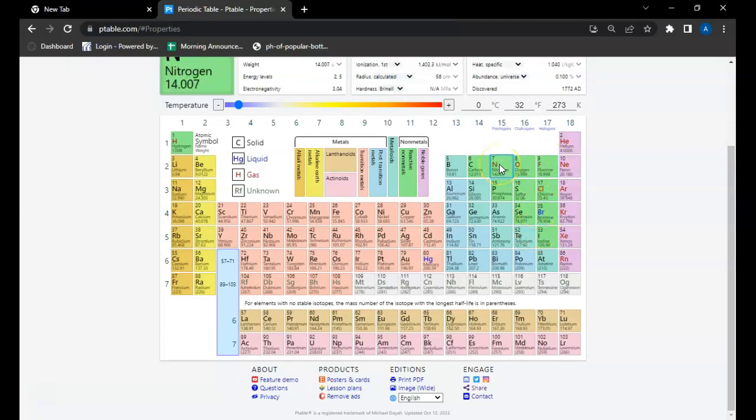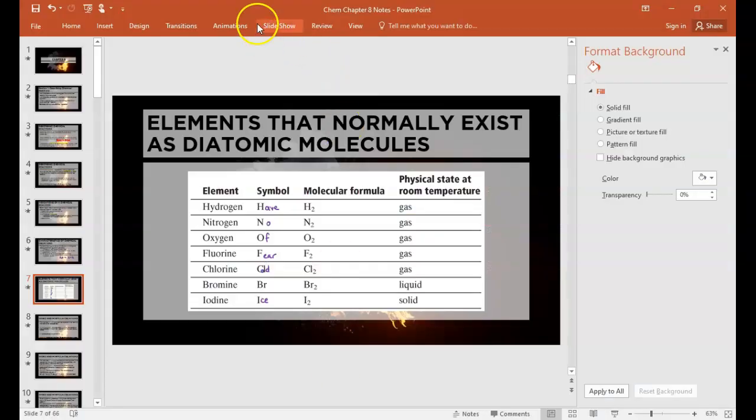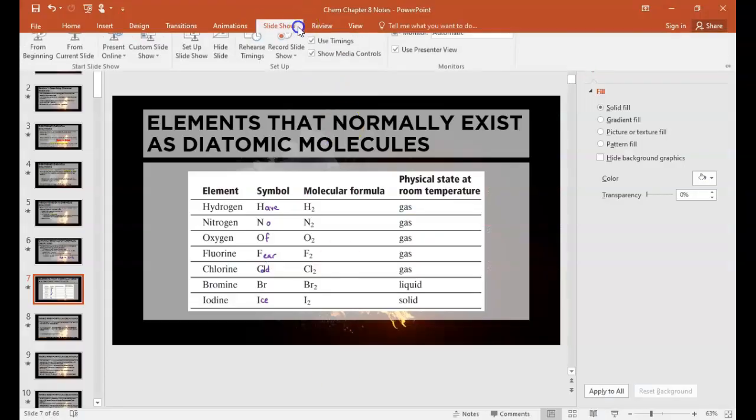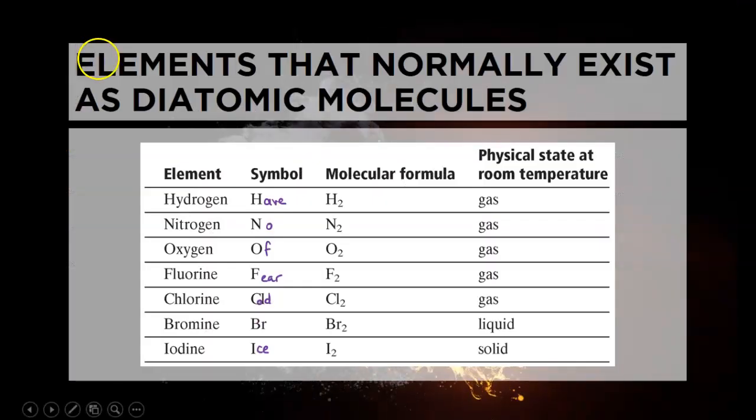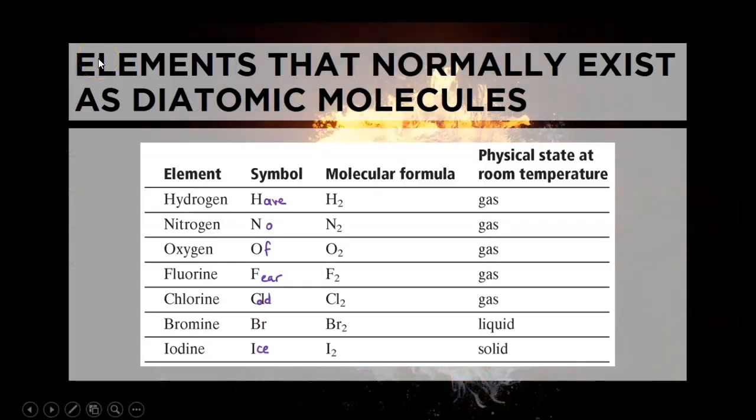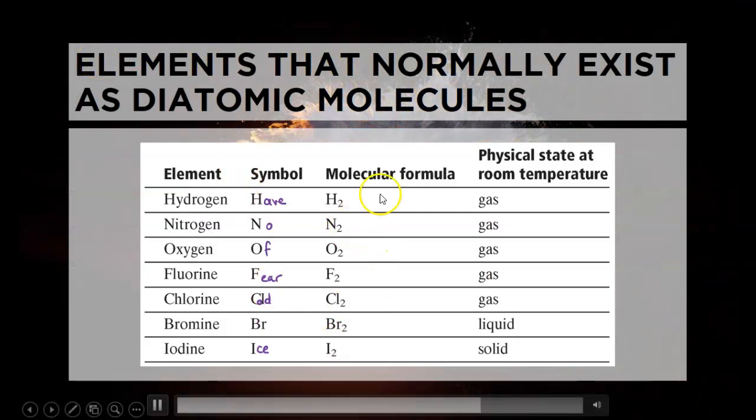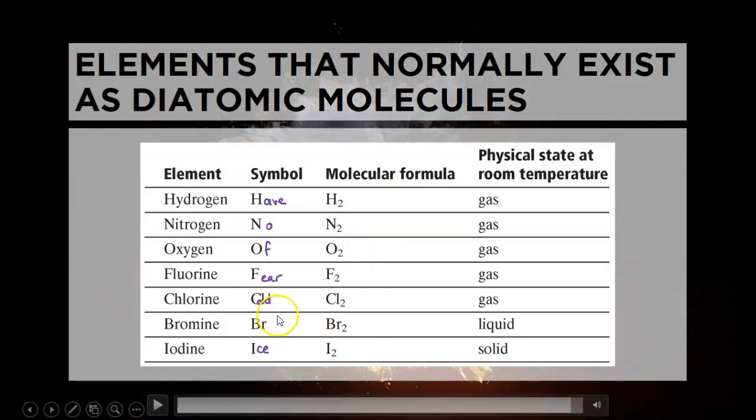If you start at nitrogen, oxygen, fluorine, chlorine, bromine, and iodine, that's the way I remember it: this corner on the periodic table along with hydrogen. Whatever way helps, those all have to have a 2 as a subscript, because otherwise your molecular formula would be wrong.